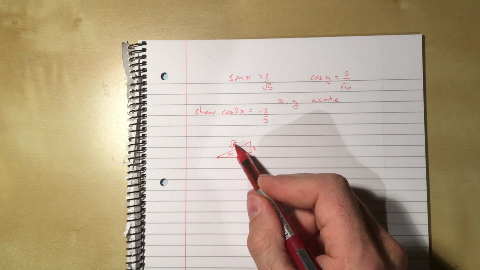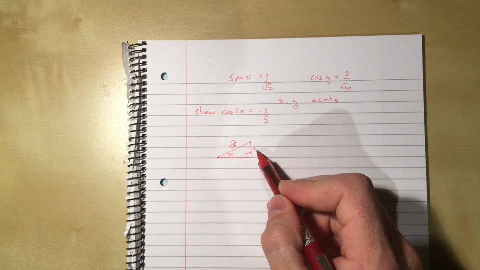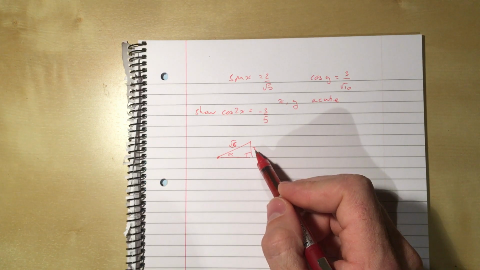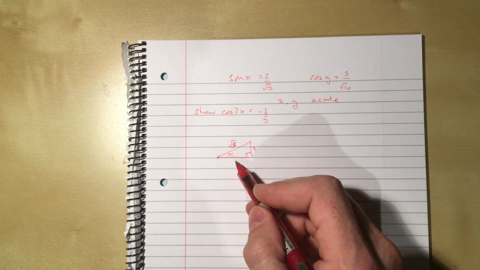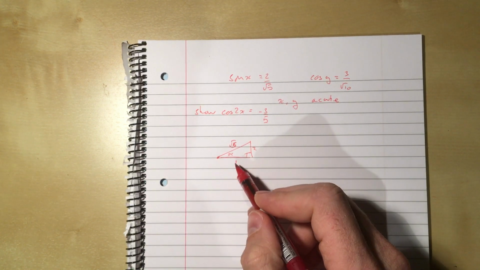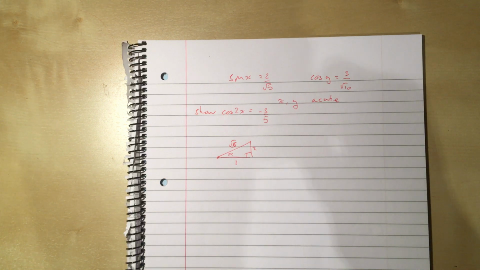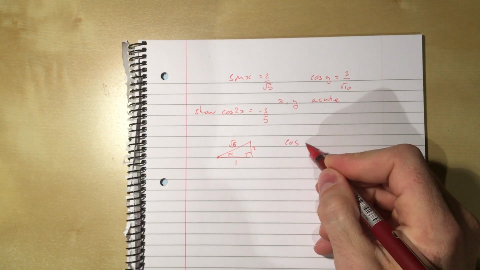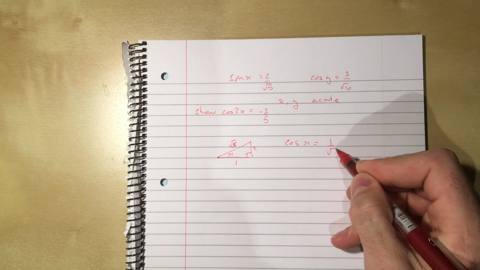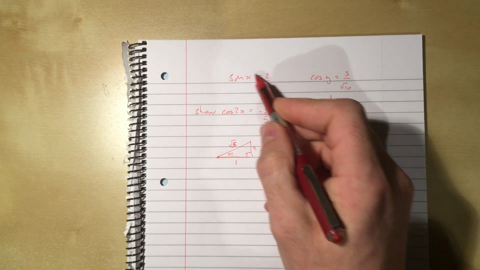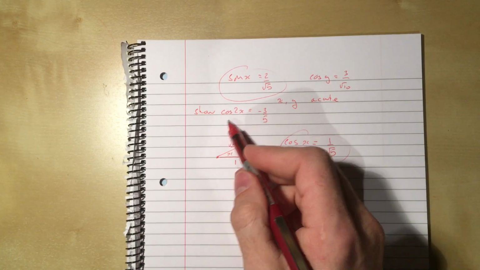We don't know what the units are, but 2 to root 5. Pythagoras' theorem will tell us this one. So root 5 squared is 5, take away 2 squared, which is 4, which is 1. So cos x is 1 over root 5. So we know sin x, we know cos x.